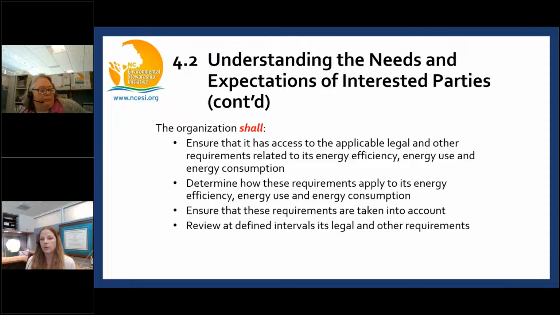Some examples are ventilation, lighting, cooling, data storage, etc. And energy consumption is the quantity of energy applied or obtained to obtain a required outcome. So your energy use is how it's actually being used, and your energy consumption is a quantity.